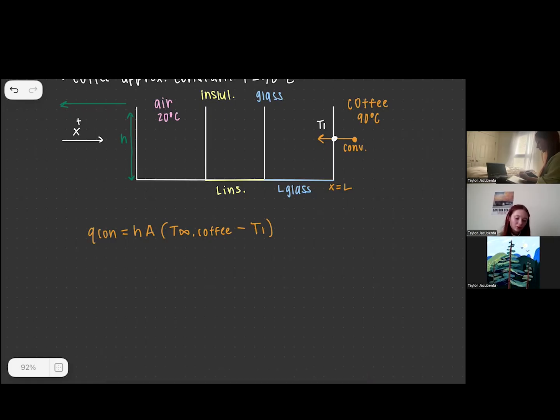So I'm going to move this arrow up just a little bit so you can see.